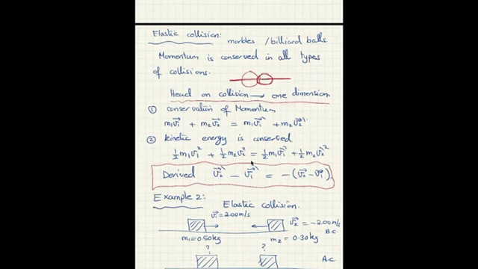All right. Now, I can apply conservation of momentum, which is mass 1 times V1 plus mass 2 times V2 equals mass 1 V1 prime plus mass 2 V2 prime. And I can also say that kinetic energy is conserved in this type of collision. If I calculate the total amount of kinetic energy before, it should equal the total kinetic energy after.